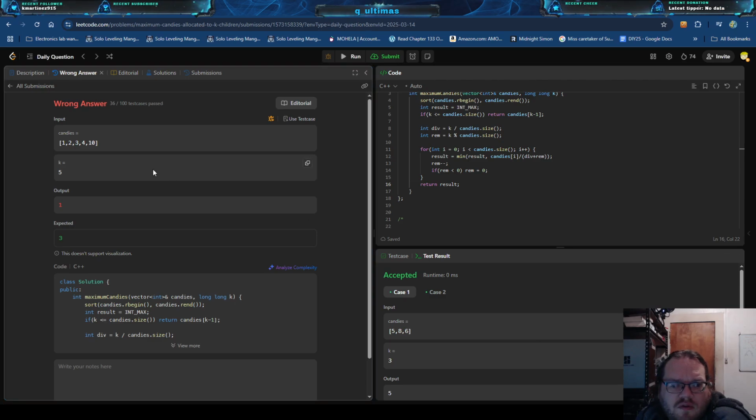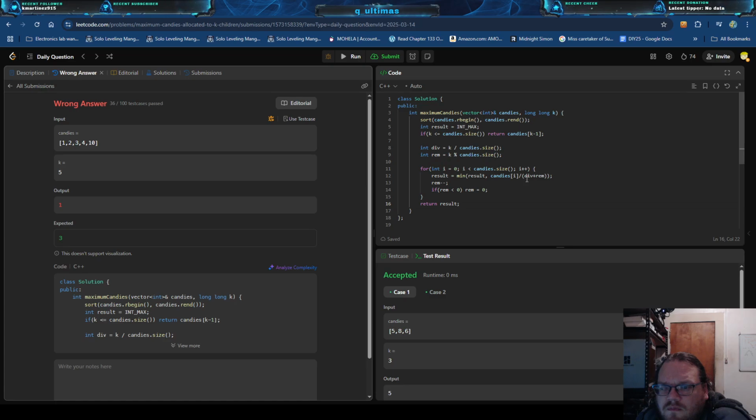No. You have 5 candies, and you have a pile for... You want to take the 5 max values. So is this just K?